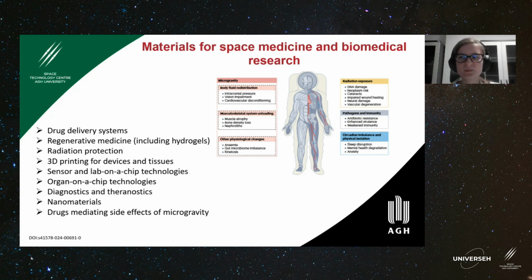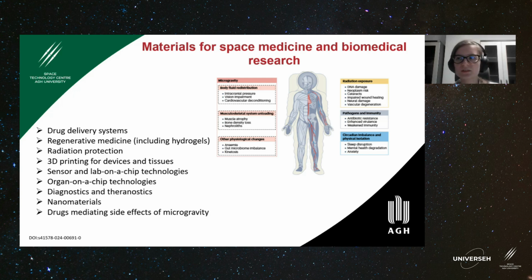And in space, the human body might react a little bit differently, sometimes even more than a little bit differently than on Earth. So both drugs themselves and delivery systems must be designed in a way that, for example, enhances absorption of the drug.